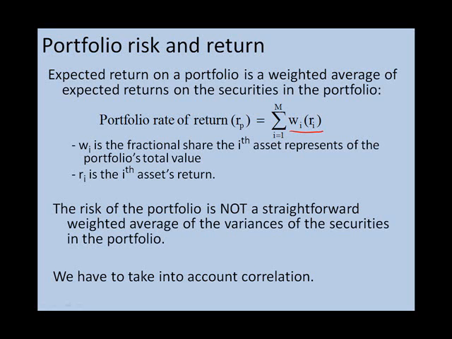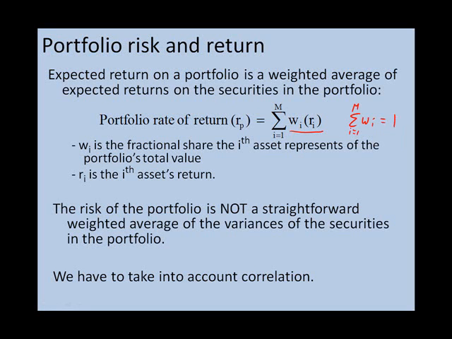W_i, the weight that we put on stock i, represents the proportion of the portfolio that is taken up by stock i. And we know that in a portfolio, the sum of all the weights must add up to 1. So the portfolio return is easy to calculate using a weighted average.